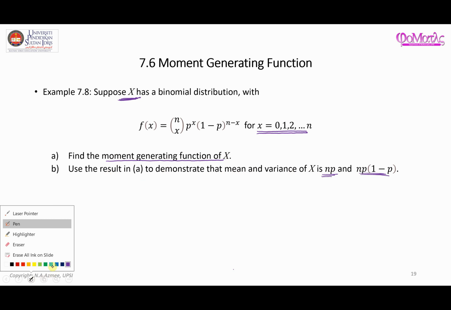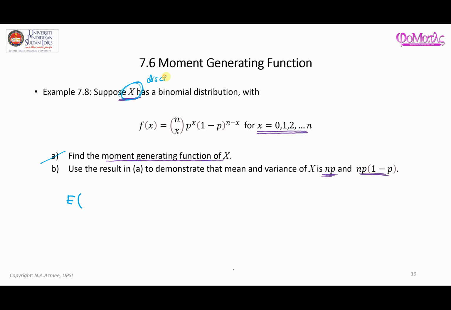Let's start off with finding the MGF of X. First you have to recognize whether this is discrete or continuous. This is a discrete random variable, so we are dealing with a summation process.